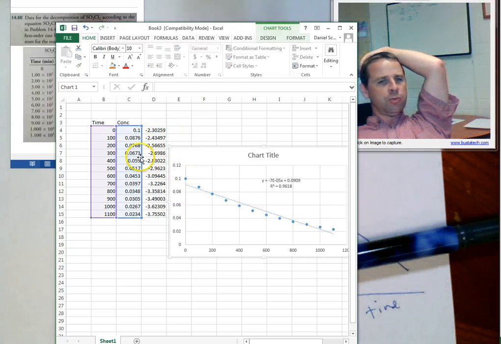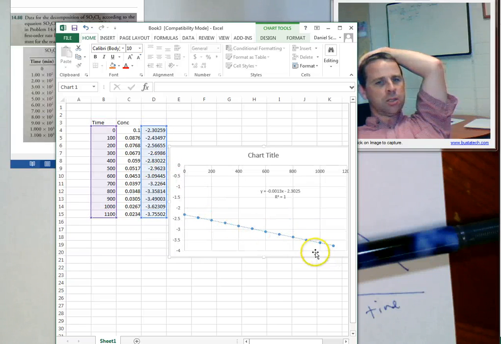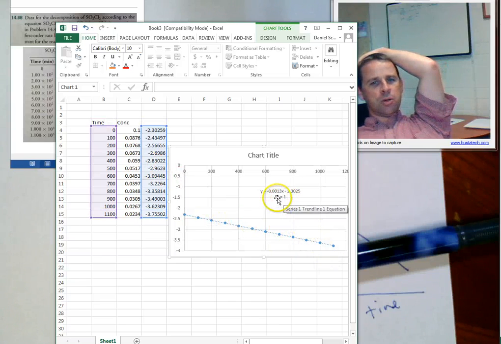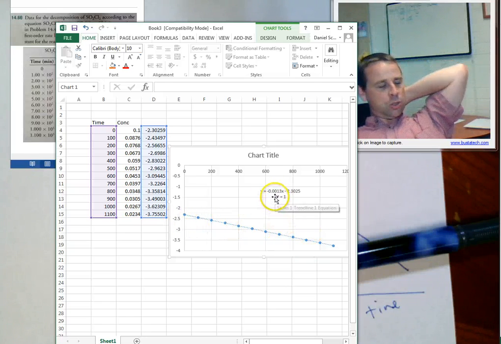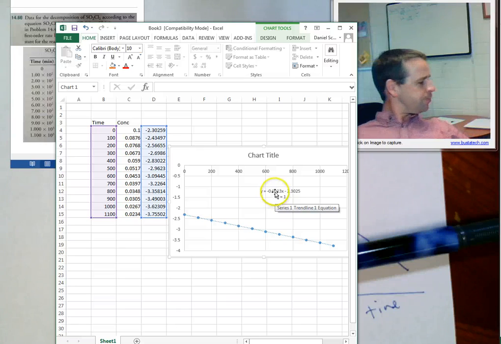And then if I just move my box over here to this one, then I get a new plot. There's my plot versus time, and I can see that the r squared value is 1. So that shows that it's a linear relationship. And also I can see that the k value, which is going to be the slope for this line, is 0.0013.